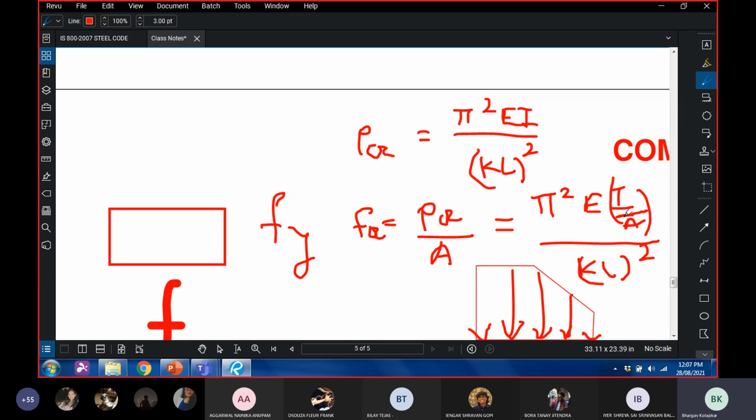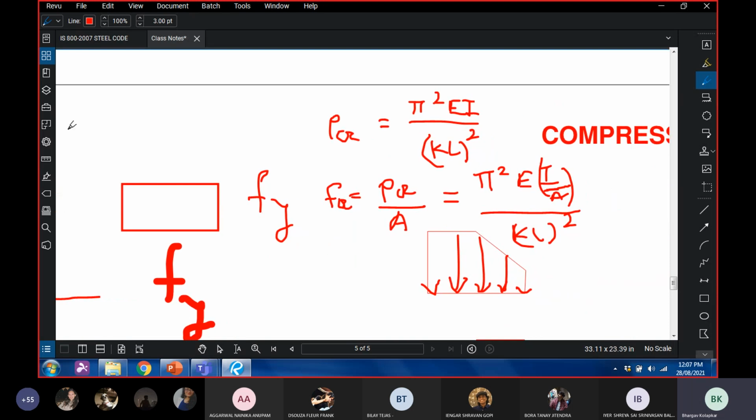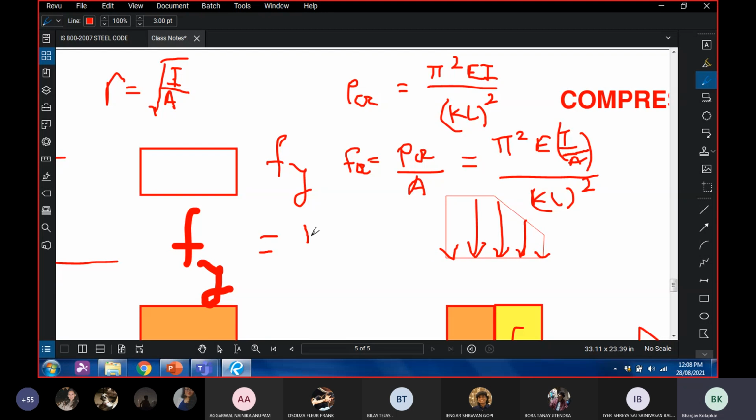Does I upon A mean something? If we go a little back, we know that the radius of gyration is equal to the square root of I upon A. And therefore, I upon A is R square. So I can rewrite this as pi square E into R square upon KL square.